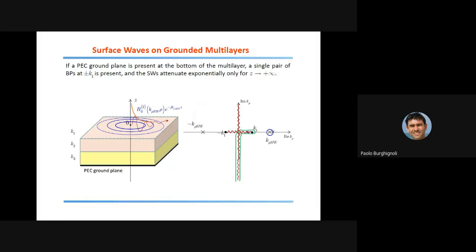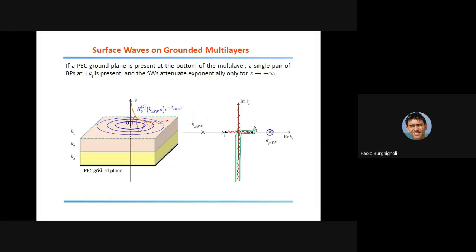If there is a ground, and that is a very common situation at microwaves, consider, for example, microstrip structures, or more generally, multi-layered microwave integrated circuits, then you have a metal ground plane that completely shields the electromagnetic field, which is not allowed to go in the lower half space. So there is no wave number associated with the lower half space because there is no field in it.